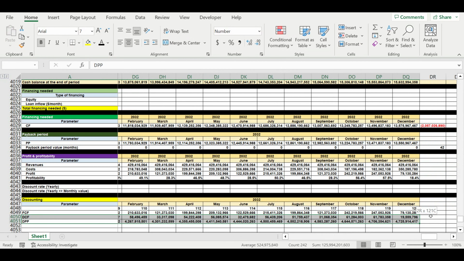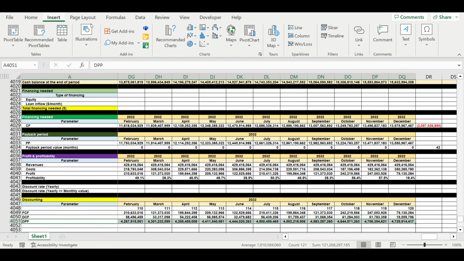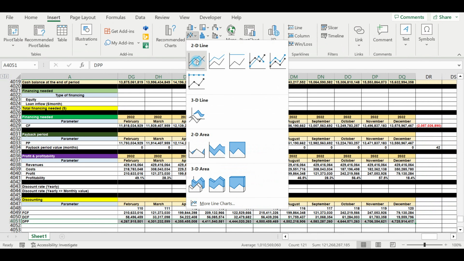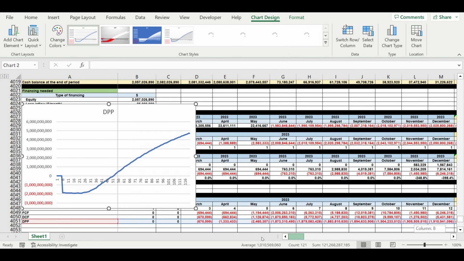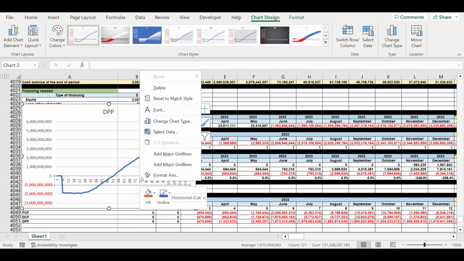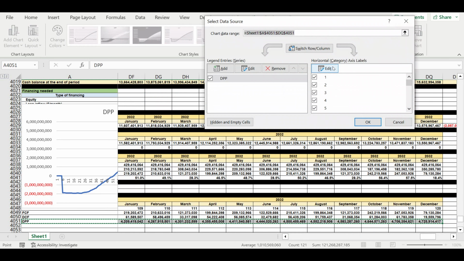Insert diagram, and this will be the discounted payback period diagram. I will select the data for the timeline, edit, and choose this area.